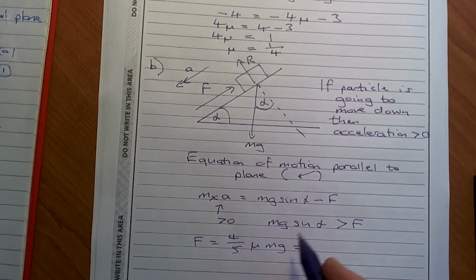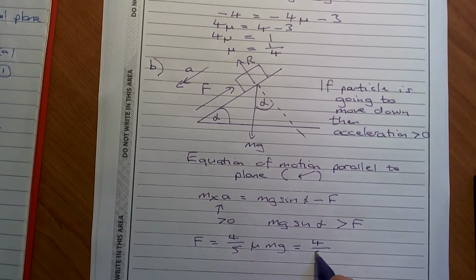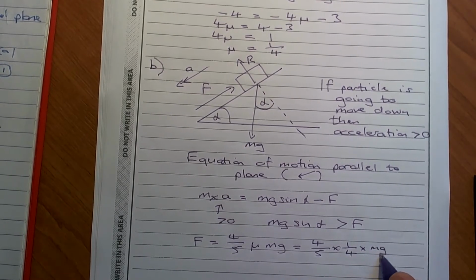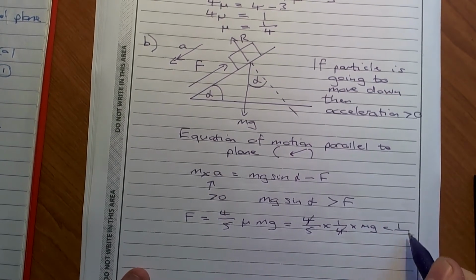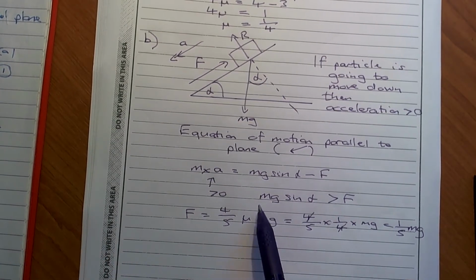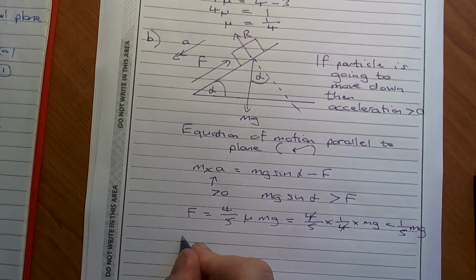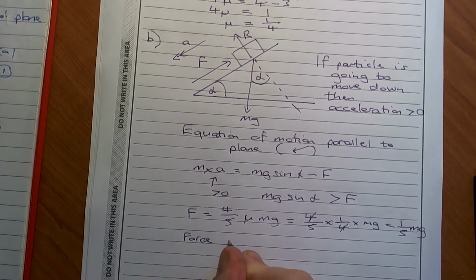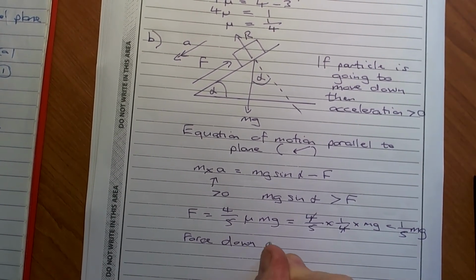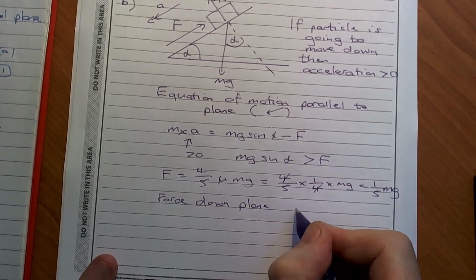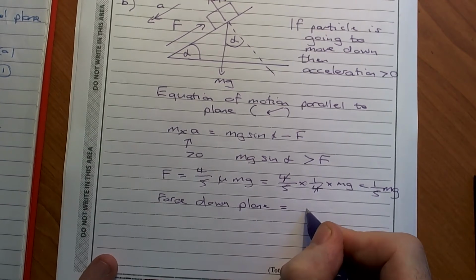We got our mu, didn't we? So our mu was 1/4, so we got 4/5 times 1/4 times mg. That 4 cancels with that 4 there. So we're left with F comes to 1/5 mg. Now, what's our force down the plane? mg sine alpha.